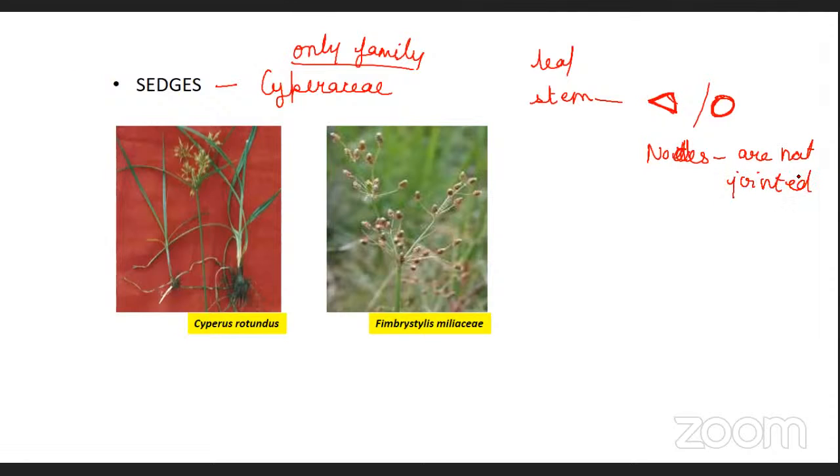The difference between nodes and internodes is not as distinct as in the grasses; this distinguishable character between nodes and internodes is hardly visible in the sedges. And if we talk about the leaf, again here the leaves are usually narrow, or thin and linear.